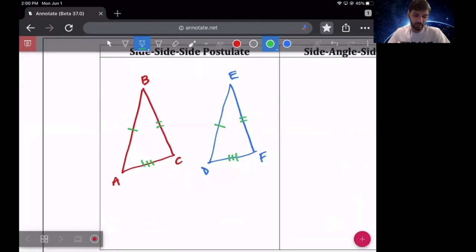So then I can conclude by side, side, side, and we write it like this, by SSS, triangle ABC, and the congruent symbol is an equal sign with a squiggly on top of it. So triangle ABC is congruent to triangle DEF. That's how we write that. We can only use this if we know all three sides of each triangle and we know that they are congruent to each other.